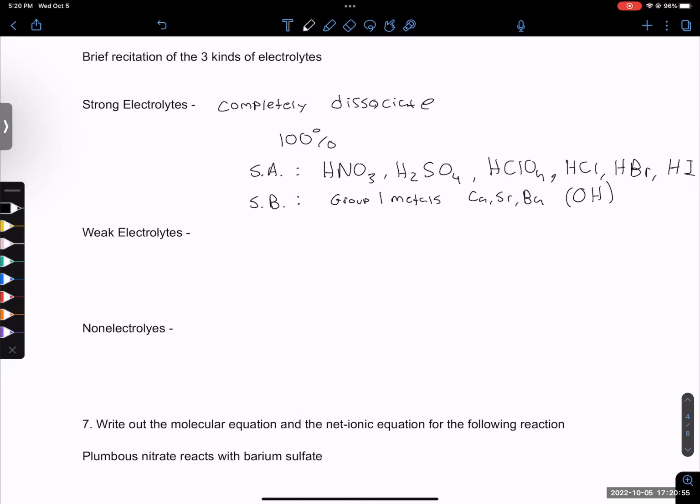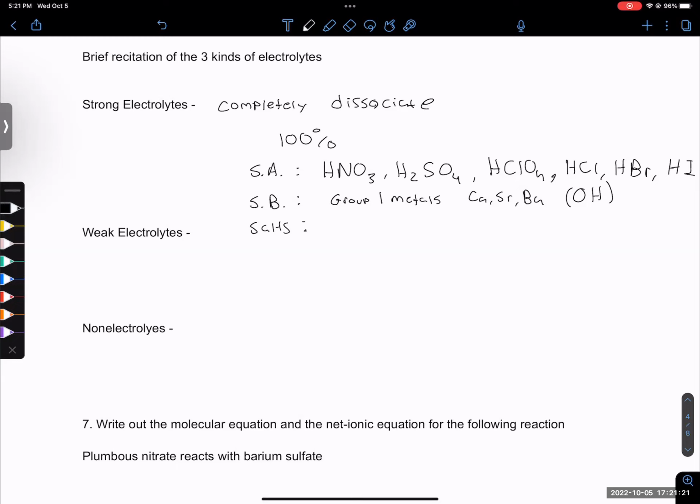So that's something like sodium hydroxide, potassium hydroxide, calcium hydroxide, which is Ca(OH)2. And then what's the last thing that are strong electrolytes? Yeah, salts that are soluble, right?